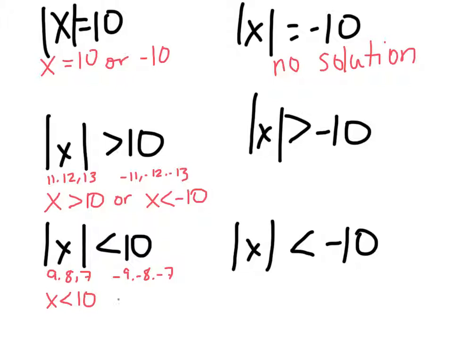So it has to be less than 10, and x has to be greater than negative 10, because it can be like negative 9, negative 8, negative 7, but again, it can't just keep going on and on forever.